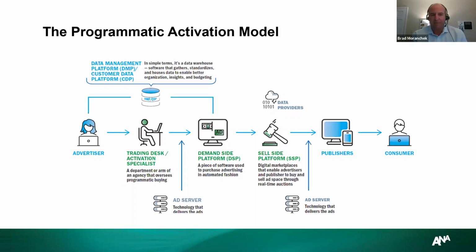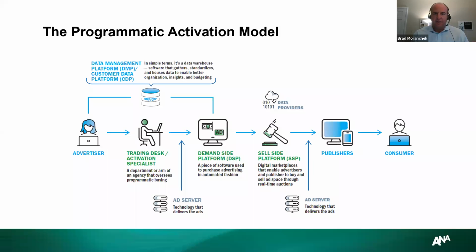But there's some things on the top and bottom that you see. Obviously reaching consumer audiences takes a lot of different data. You can use a lot of first, second, third party data sources to reach different audiences. DMPs and CDPs are places that help store that data. The difference really between the two is that a DMP, or a data management platform, is more for third party data sources or cookie based sources, and a CDP, or customer data platform, is more for first party data.